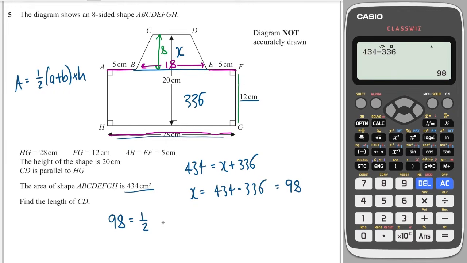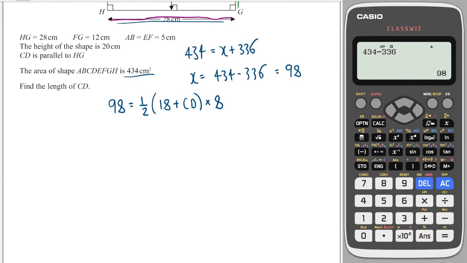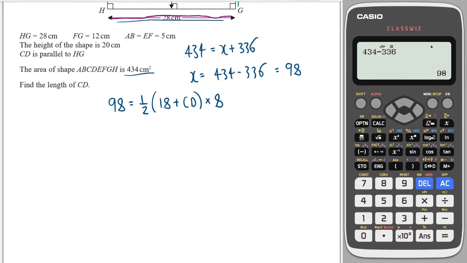That's equal to 1/2 of the 2 parallel sides, so the 2 horizontal sides, which are 18 plus the one at the top, which is CD, which is what we're actually trying to find, multiplied by the height or the gap between them, which is 8. So we have a half times 8 is 4. So we can write that as 4 lots of (18 plus CD).